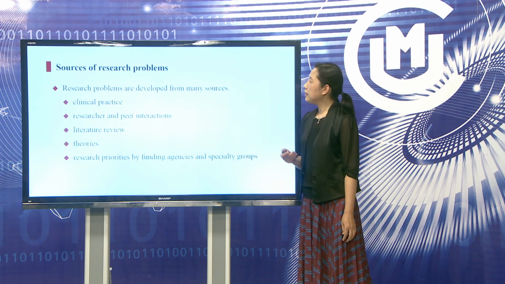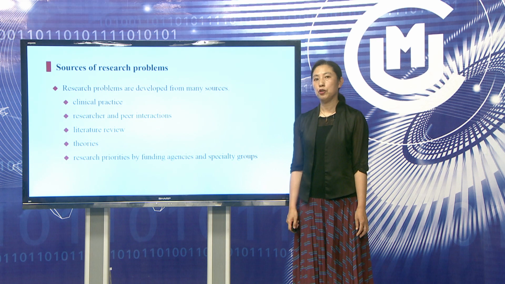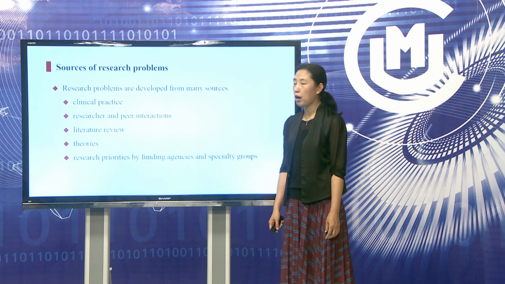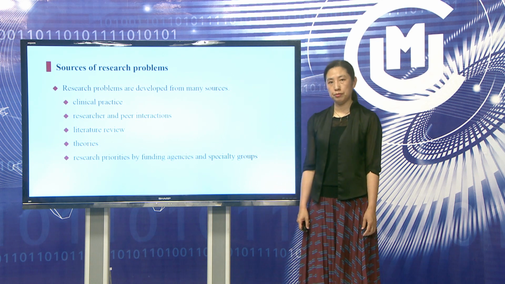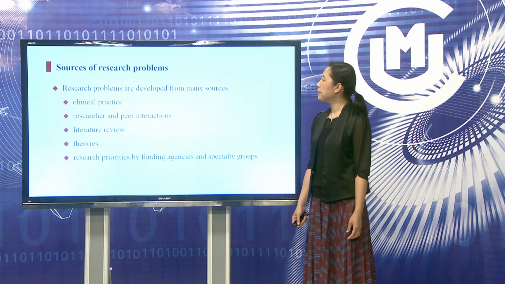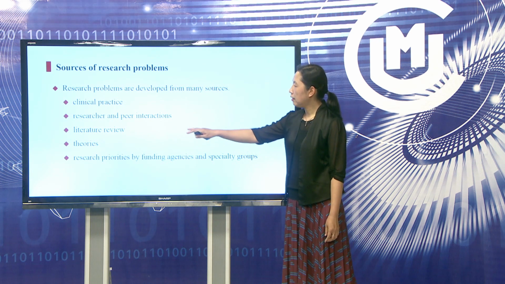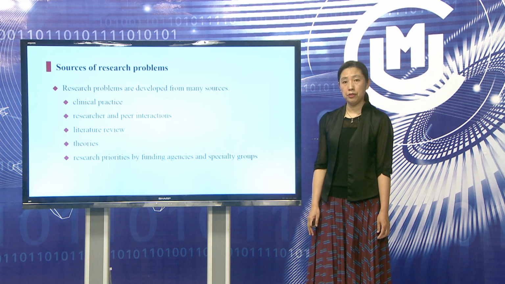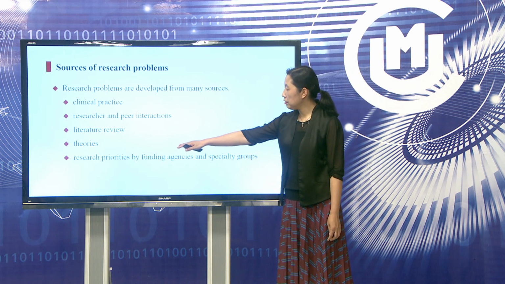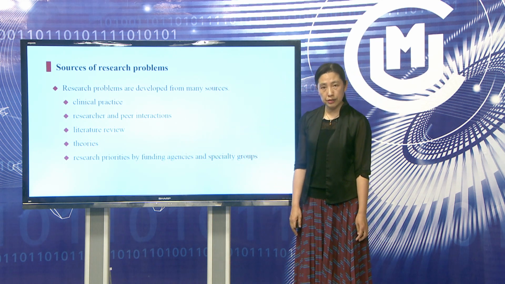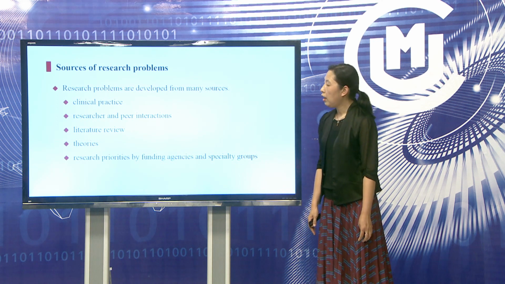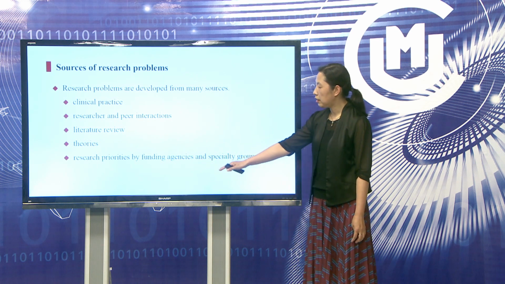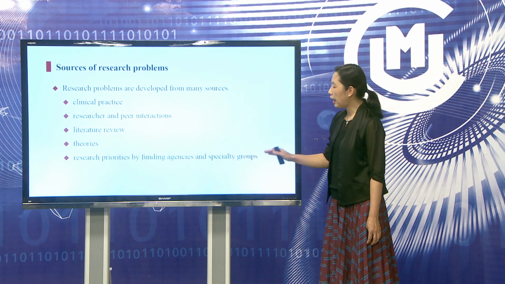Let me summarize a little bit. For this section, we talked about where you can get research problems. You may get some ideas from clinical practice, you talk with researchers and peers, you read literature reviews, you also read theories and think about the propositions under the theories, and you also pay more attention to the research priorities by funding agencies and specialty groups.